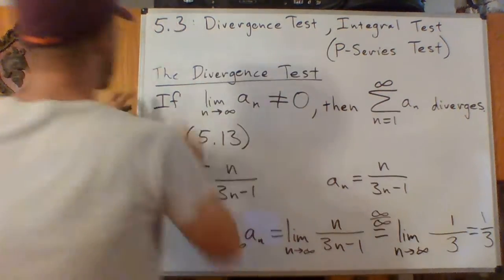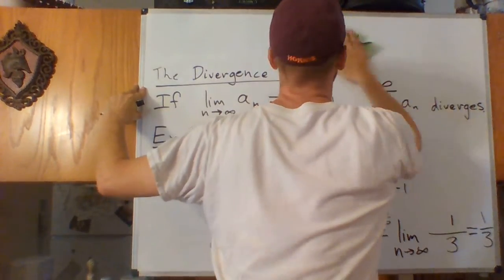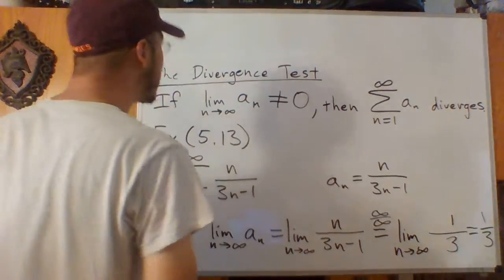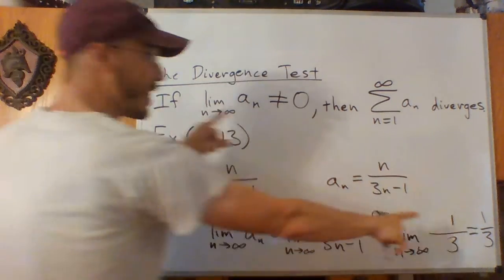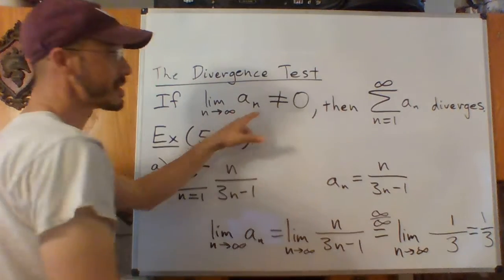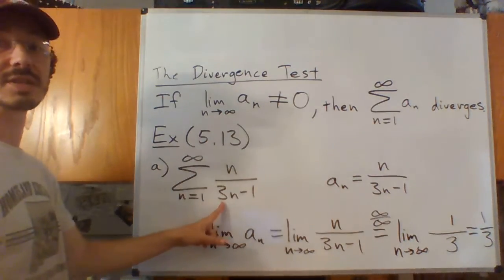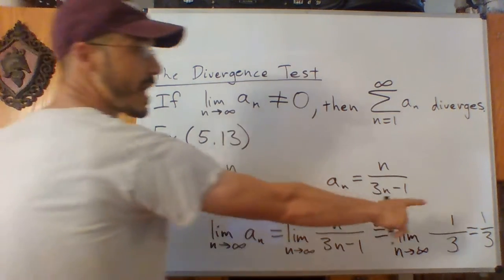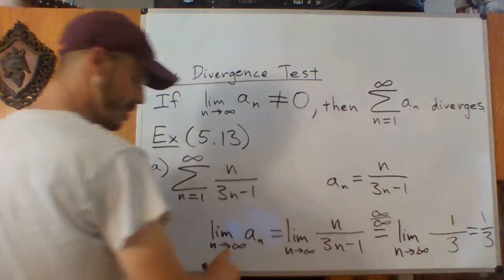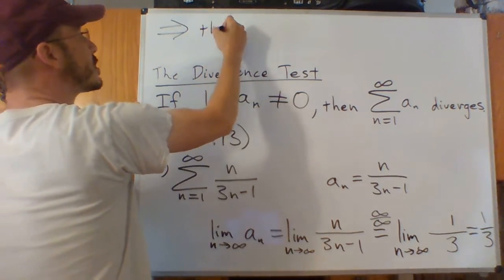So I'm going to put my conclusion up here. Well, that is not equal to 0. So I can conclude that the series itself diverges. That limit being equal to 1/3 implies the series diverges.